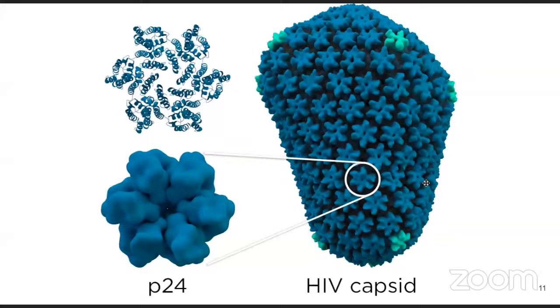Now, once we have the structural details, what we can start seeing is how one hexameric unit fits right close to the next hexameric unit. And why is this important?